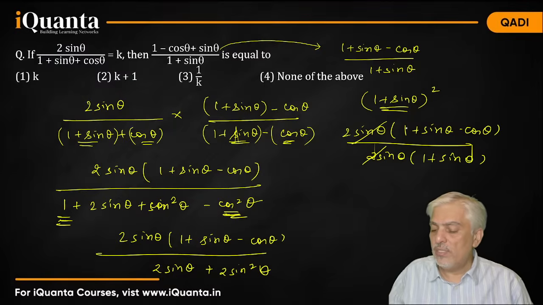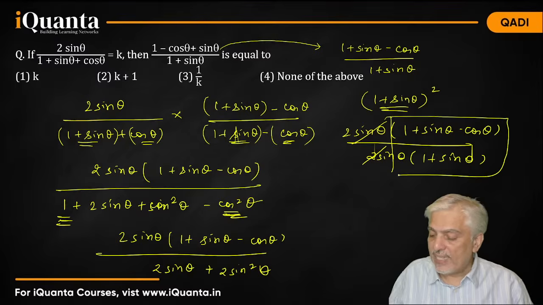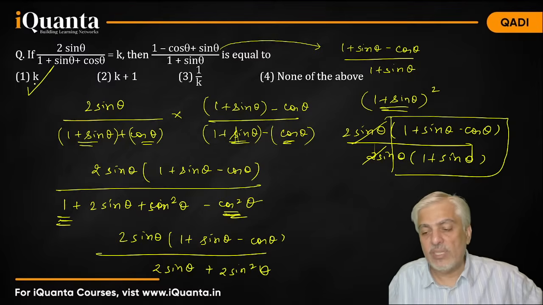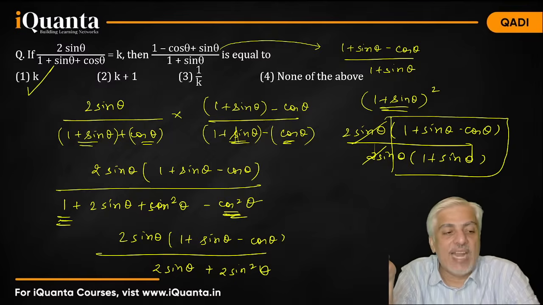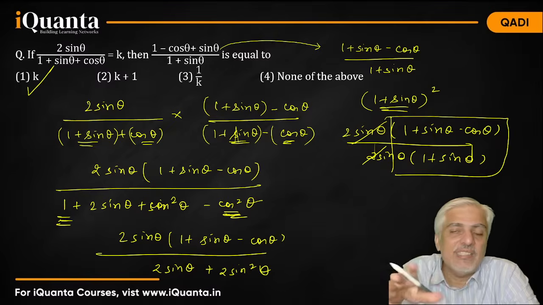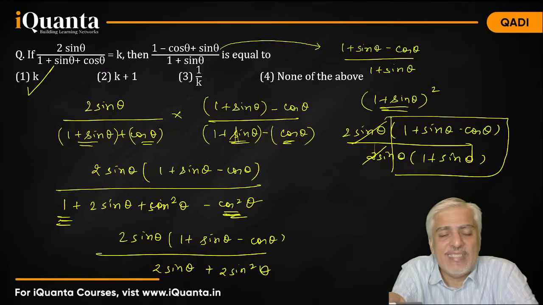This cuts out. So what we started with, we got exactly the same thing, which means the answer is K. Yes. Now the other approach to such questions can be to take a value for theta. Take theta as 30 degrees or 0 degrees or 90 degrees or something like that and try that. That also will work most of the time.